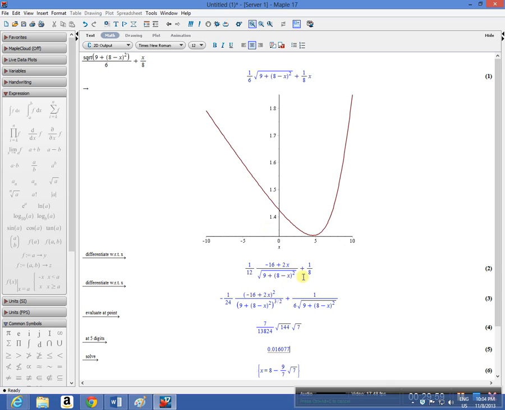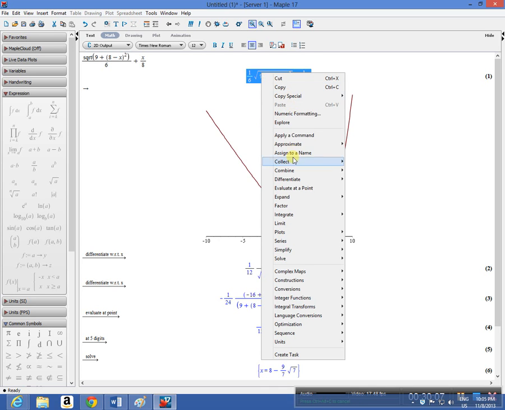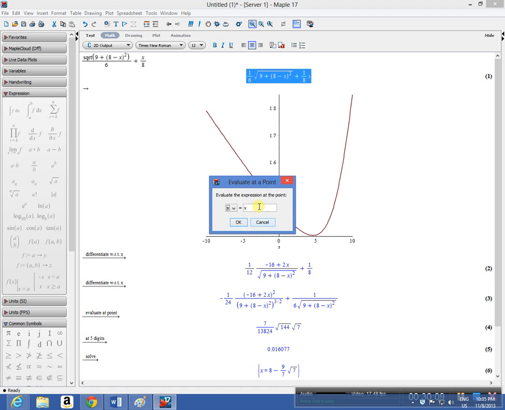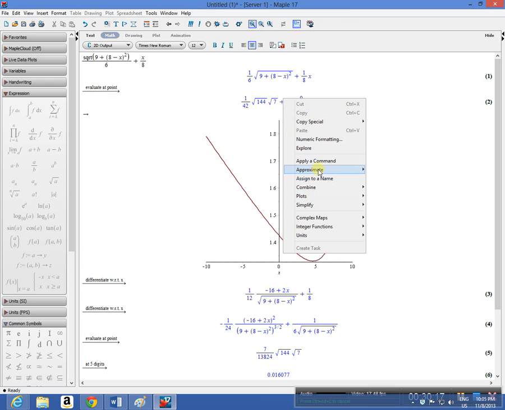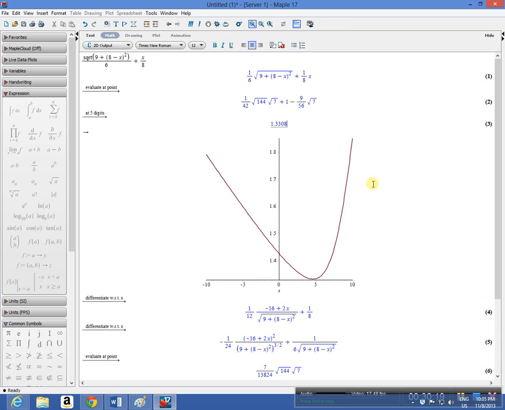And what is the value at that critical point? So I'll take that same value and plug it into the function that we had here. So let's evaluate at a point, and again paste that value in. And it tells me this is the y value. Approximate that, please.